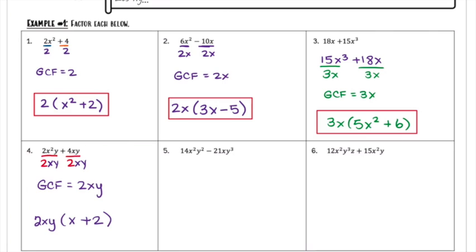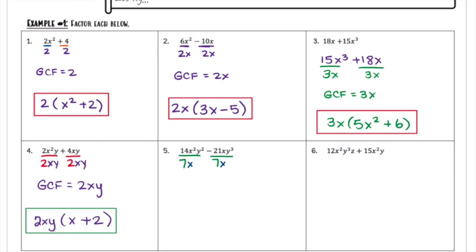For number 5, I am not going to rearrange this. I have multiple variables, so I'm leaving it alone. I am going to determine what I can divide both these terms by so I can pull out a GCF. As far as the numbers go, I can divide each of them by 7.